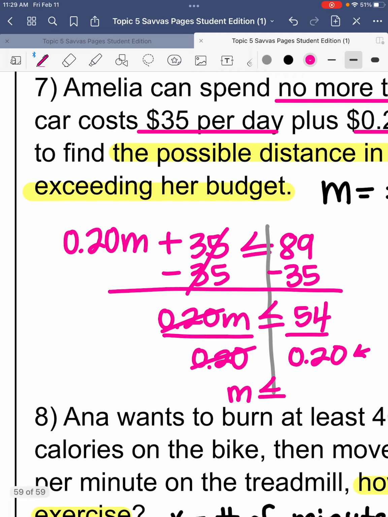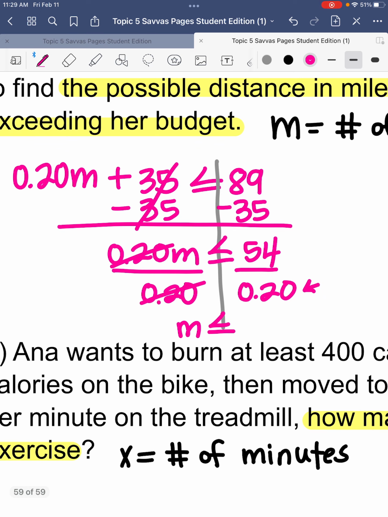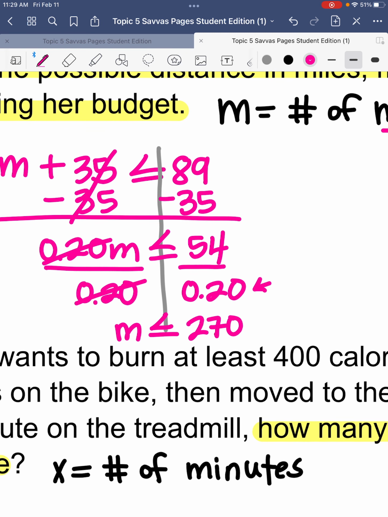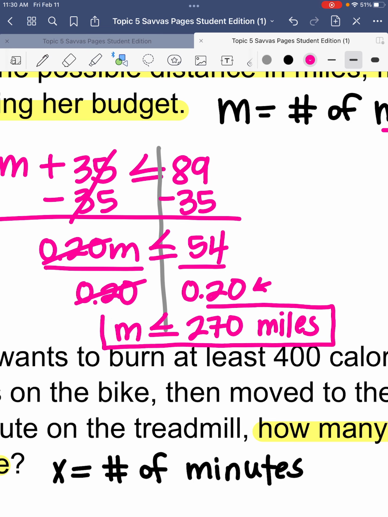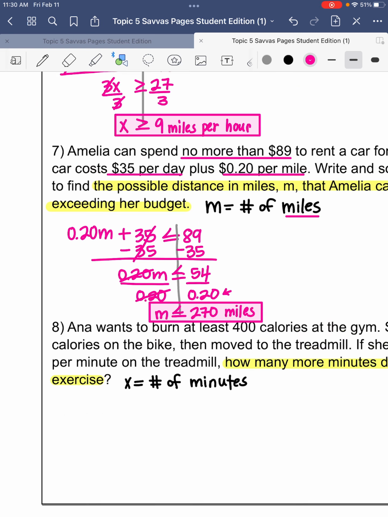And on the other side, 54 divided by 0.20, if you put that in your calculator, you're gonna get 270. 270 what? 270 miles. So what that means is, at most, she can drive 270 miles for that day trip. Okay, or she can drive up to 270 miles on her day trip.